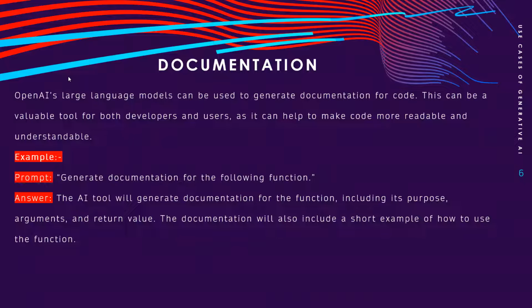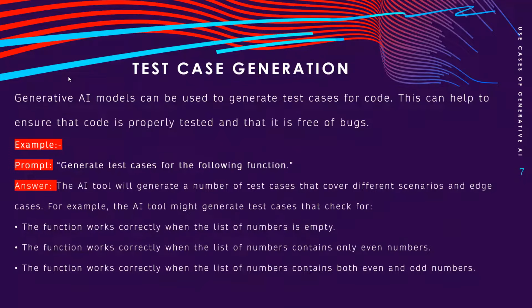Now let's move to the next use case, that is test case generation. This OpenAI tool can also be used to generate test cases. Suppose you have already written a function and now you need to generate test cases for that function. What do you need to do? You only need to prompt: generate test cases for the following function, and copy and paste that function into OpenAI. In return, you will get a list of test cases for that function.